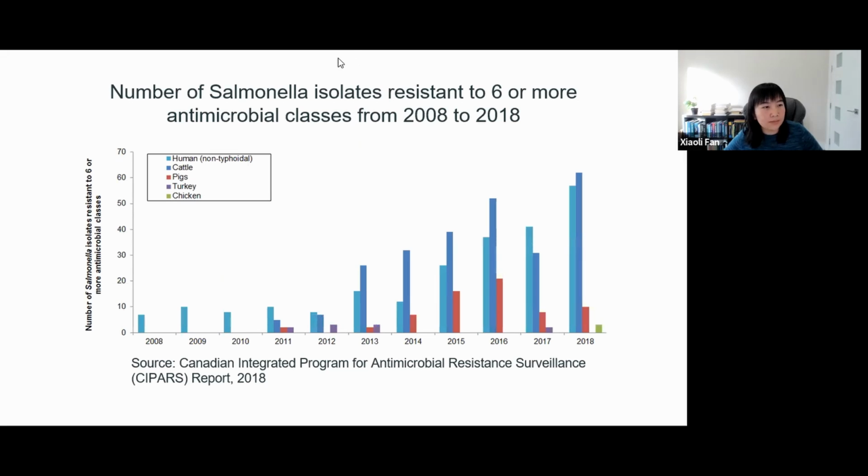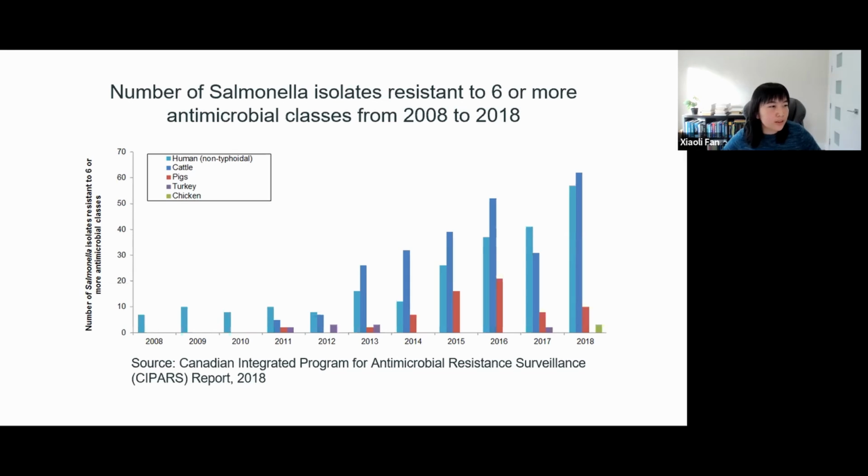And we can tell from here that the number of Salmonella isolates resistant to 6 or more antimicrobial classes is increasing. So I think on the human side, there's even a report of people who are resistant to more than 20 antimicrobial classes, and there are, I think, more and more reports like those.